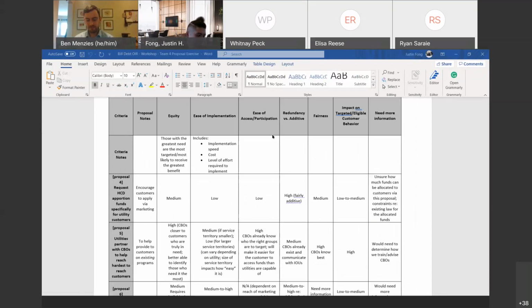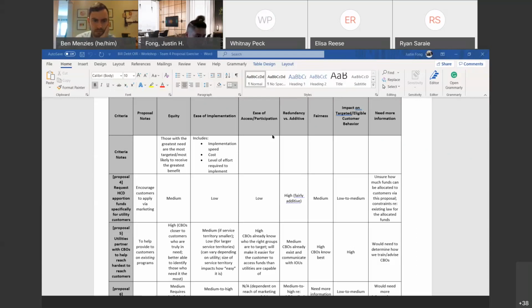So the first proposal we have is to request HCD, Cal Housing and Community Development, to apportion funds specifically for utility customers. And when we make that proposal, it's less about directly requesting HCD to do so.